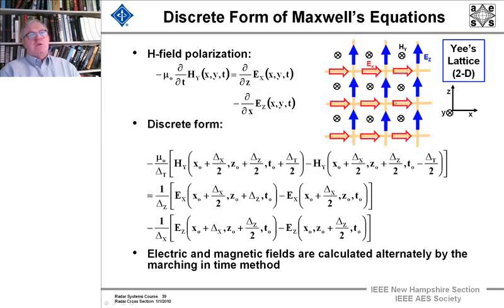So we're marching in time. So the fields at these lattice points can be evaluated as time progresses. And what you need to do is to just put in the initial conditions of what the field is to begin with. And since our incident field's a plane wave, we'd put in say a Gaussian lump of plane wave and see how that progresses in time.